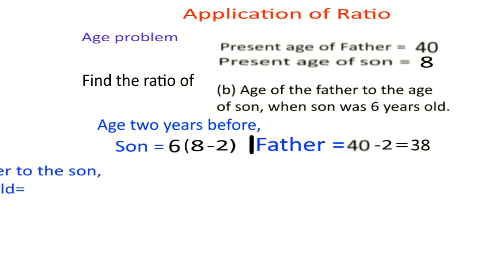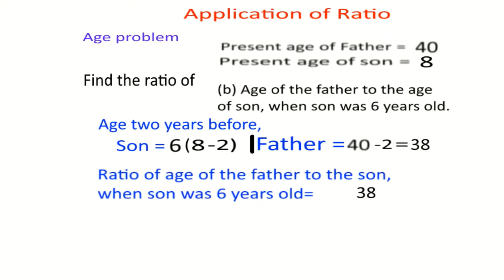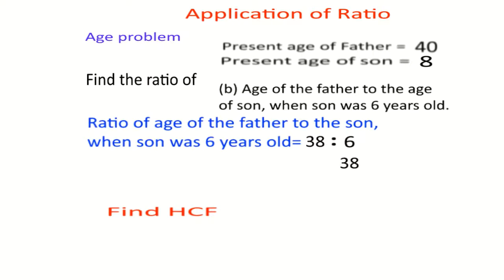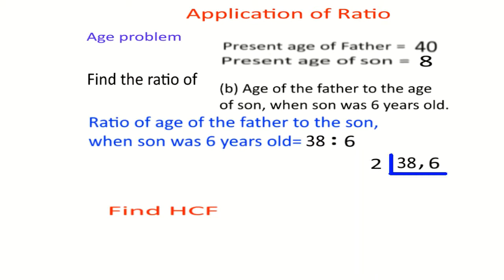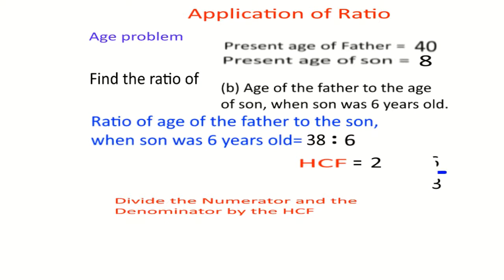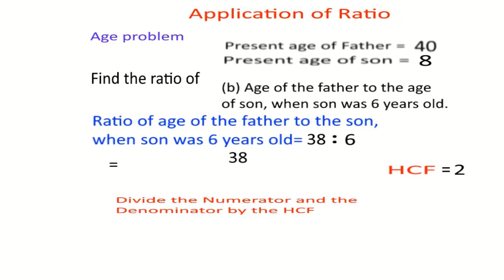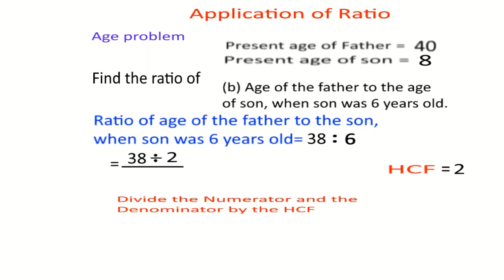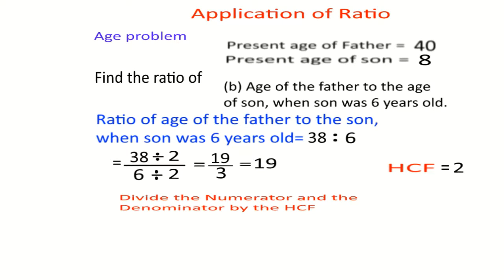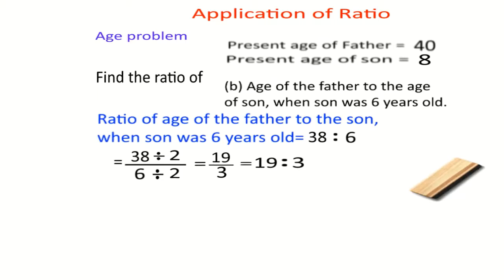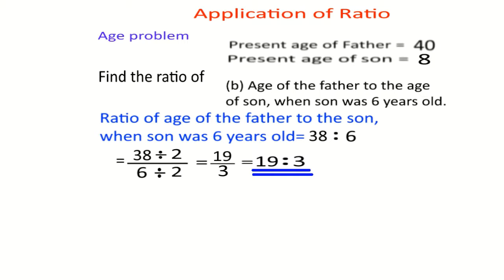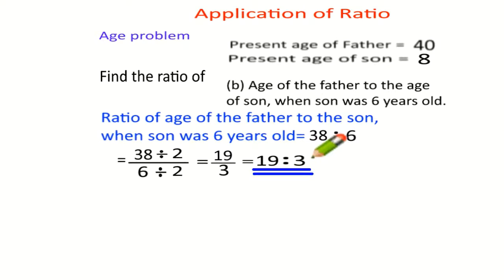So the ratio can be written as 38:6. On simplifying we will get the ratio of the age of the father to the son when son was 6 years old as 19:3.